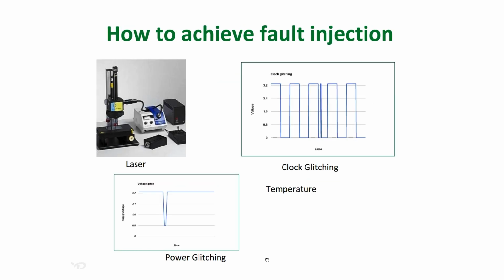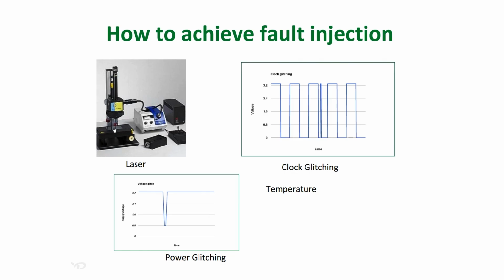In order to actually inject the fault, there have been several ways proposed in the literature. Some of them are extremely cheap, and you could do it with less than $1,000, while other techniques for fault injection are much more expensive. The expensive ways would look something like this, where we would have a laser.